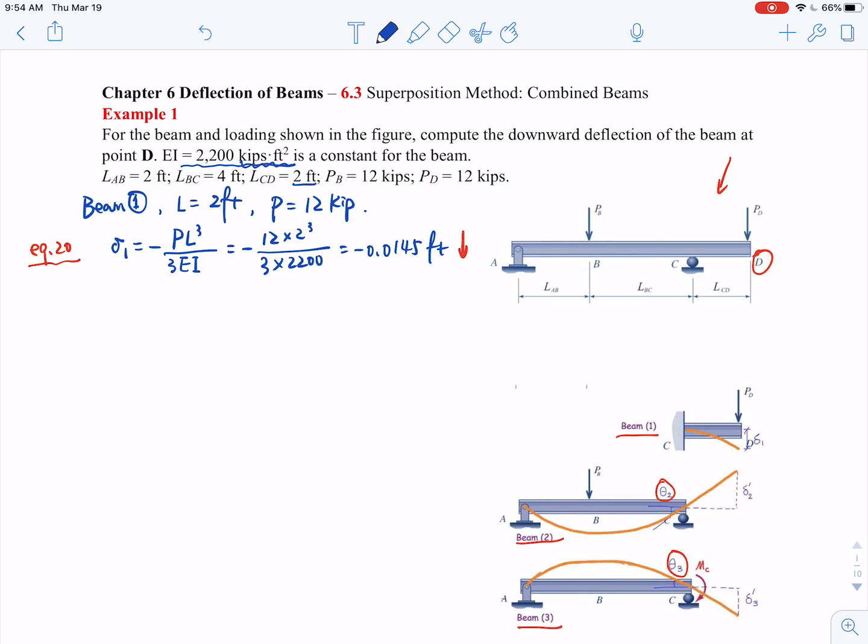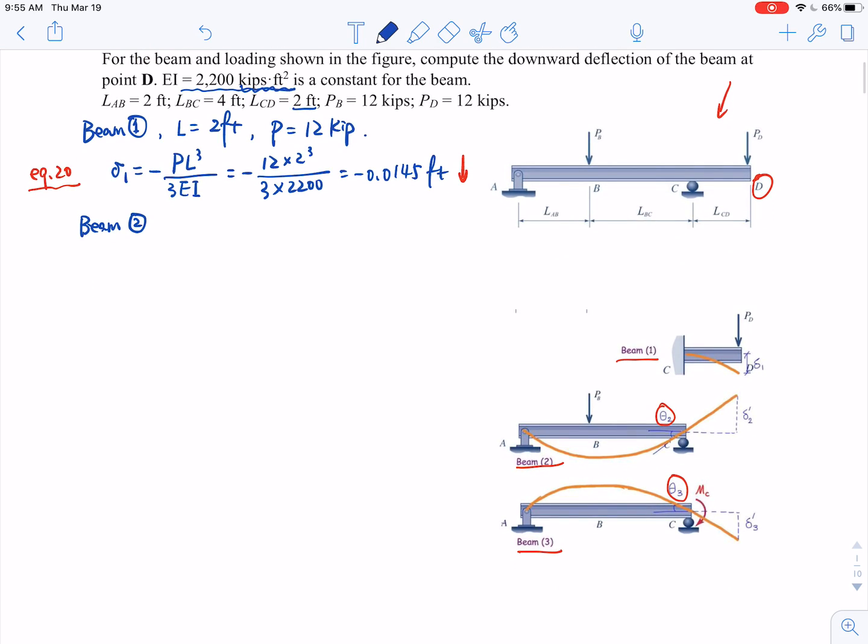Now we can look at beam 2. Beam 2 is a simply supported beam, and the P is added at point B, which is A from the left support and B from the right support.